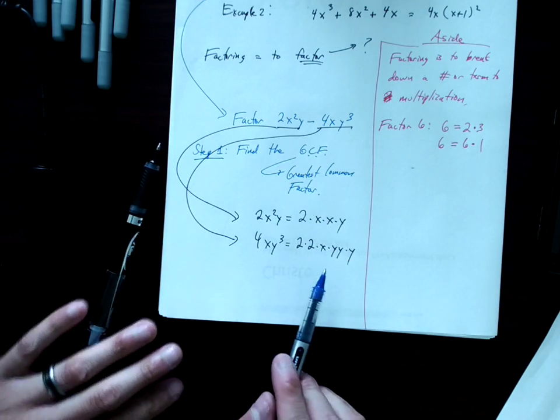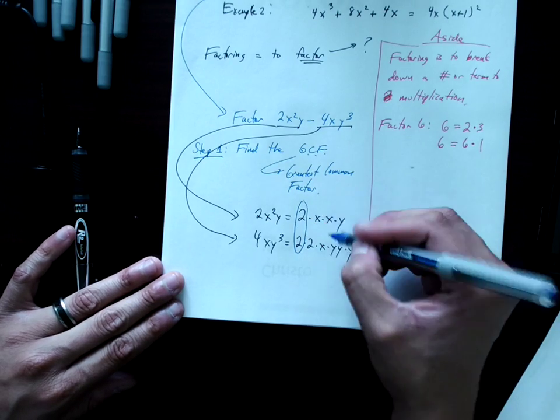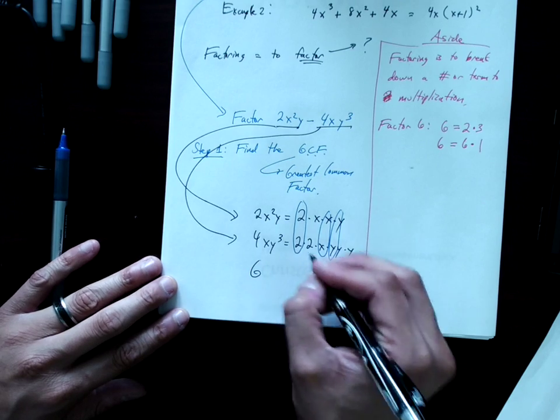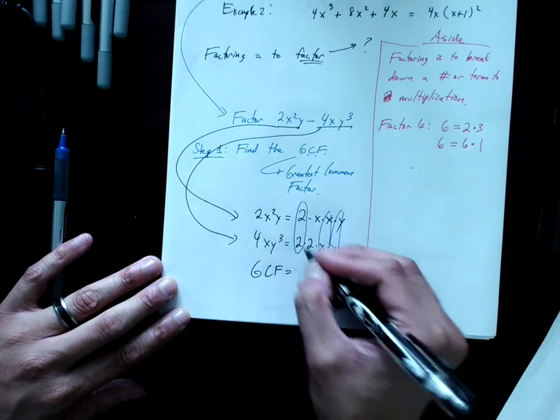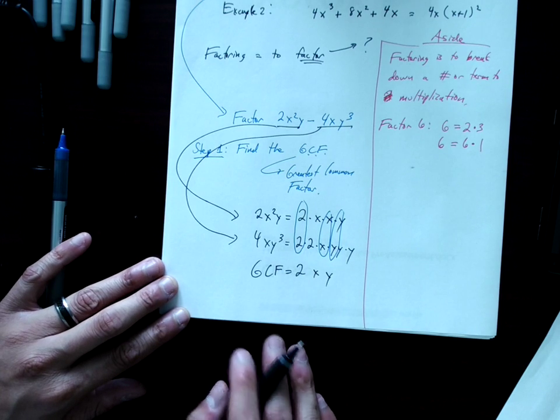I've broken them all into their prime components. We circle their common factors. 2 is common, x is common, and y is common. That tells us what the GCF is. The GCF is 2xy.